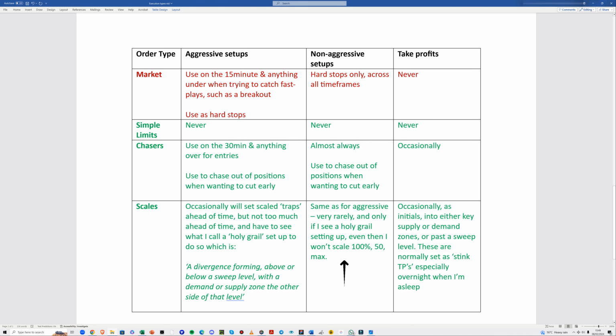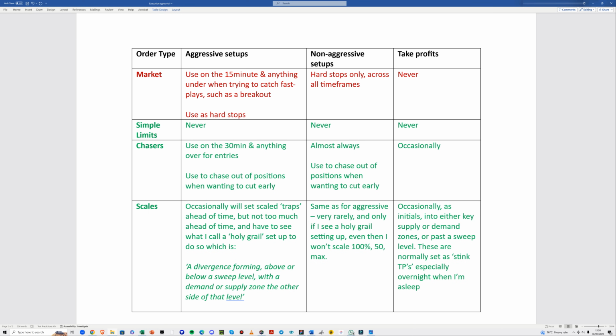Looking at non-aggressive setups, it's the same thing for me personally as for aggressive: very rarely, and only if I see a holy grail setting up. Even then I won't scale 100%, 50% max, okay? So even if I were to see something that was really heavily confluenced, such as this holy grail setup, I'm not going to put 100% of my installments into those scales.